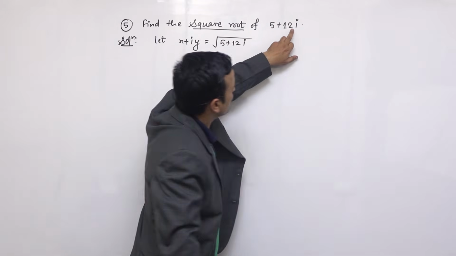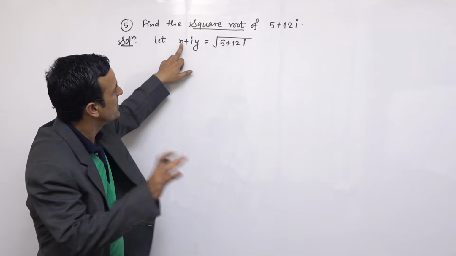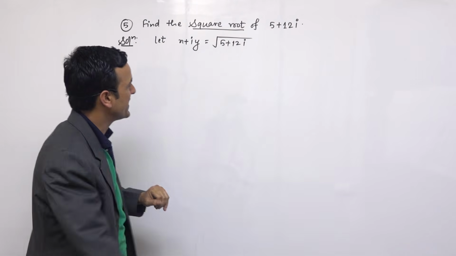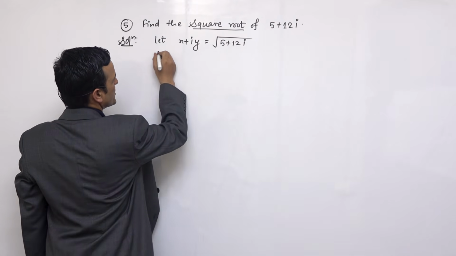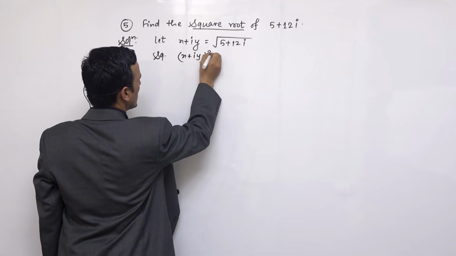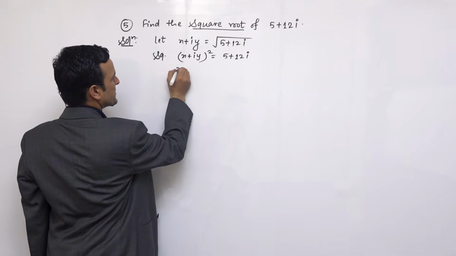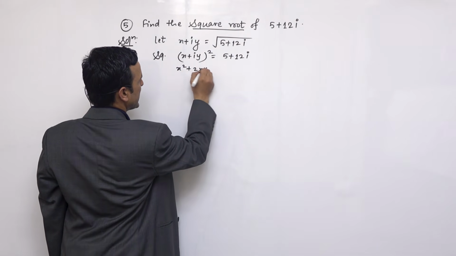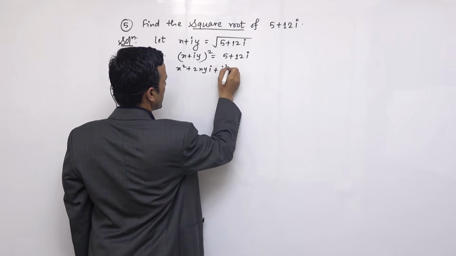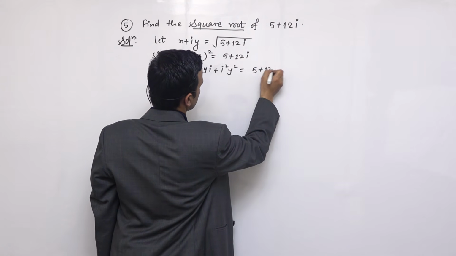This is the question, and its square root is something; it should be a complex number in the form of x plus iy. So squaring both sides we get (x plus iy) whole square is equal to 5 plus 12i, and after expanding the formula we get x square plus 2xyi plus i square y square is equal to 5 plus 12i.